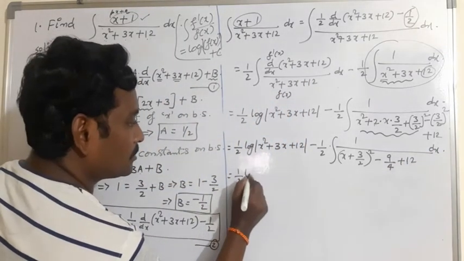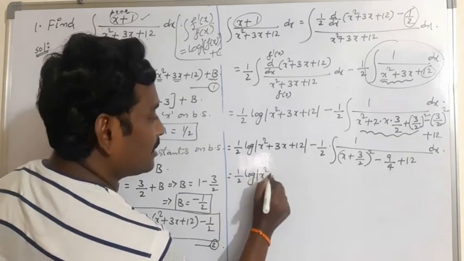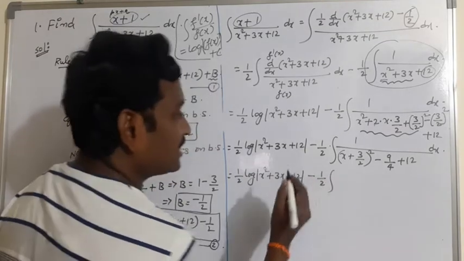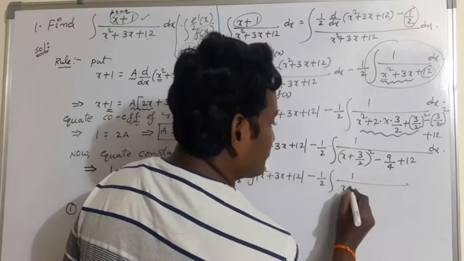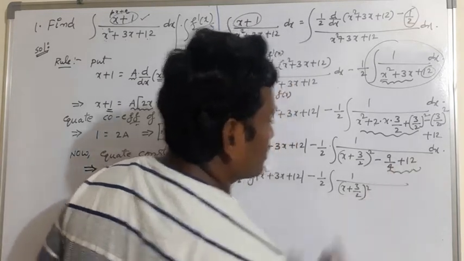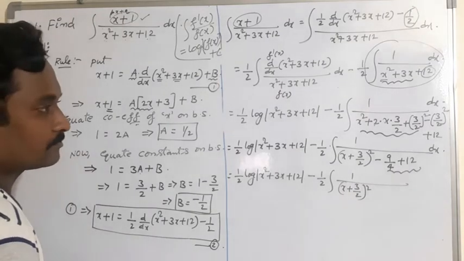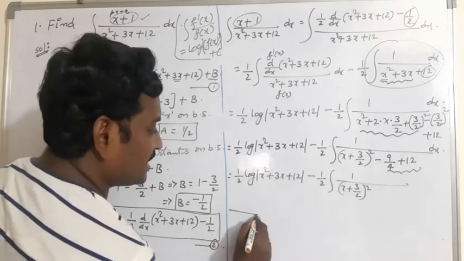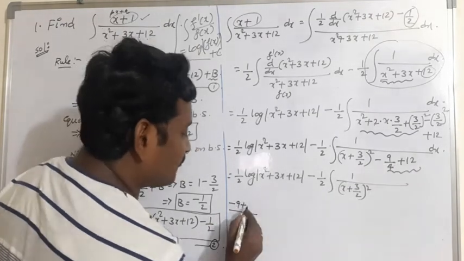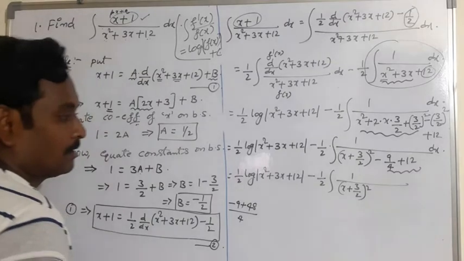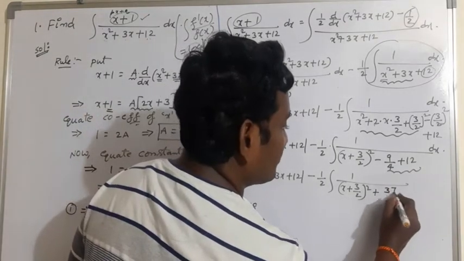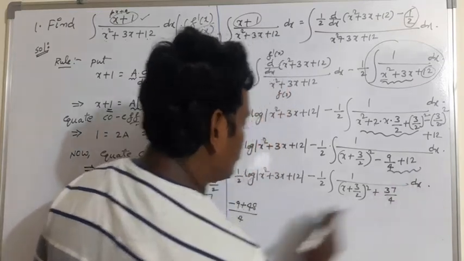We should simplify this constant. 4 is the LCM, you will get minus 9 plus 4 12s are 48. What is 48 minus 9? 37. So 37 by 4 dx.